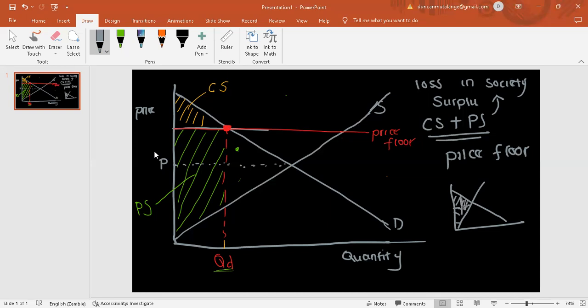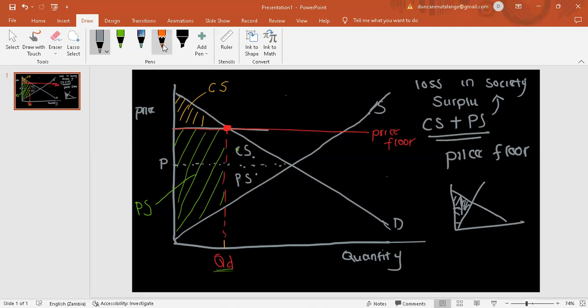But here you can see that we are having a loss in both the consumer surplus and producer surplus. So you can see that right here, this producer surplus has been lost, and here the consumer surplus has been lost, isn't it? So this whole triangle here represents the loss in society's surplus. Therefore, this loss, this plus this, is what we call the deadweight loss.